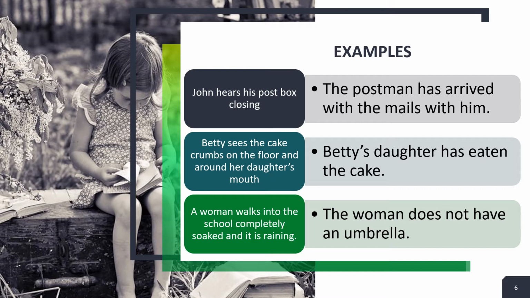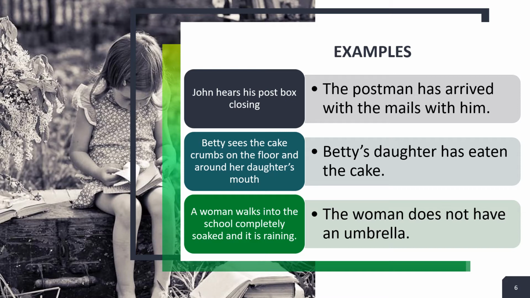Okay, let's take a look at the examples so that you can understand this concept clearly. So John hears his post box closing. Okay, a post box would be the box that you put outside your home, and whenever the postman or the delivery person comes to send your letters, they will put them inside the box.